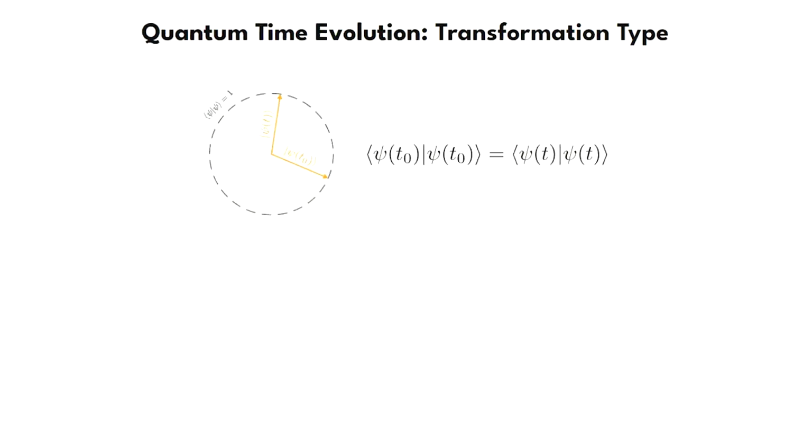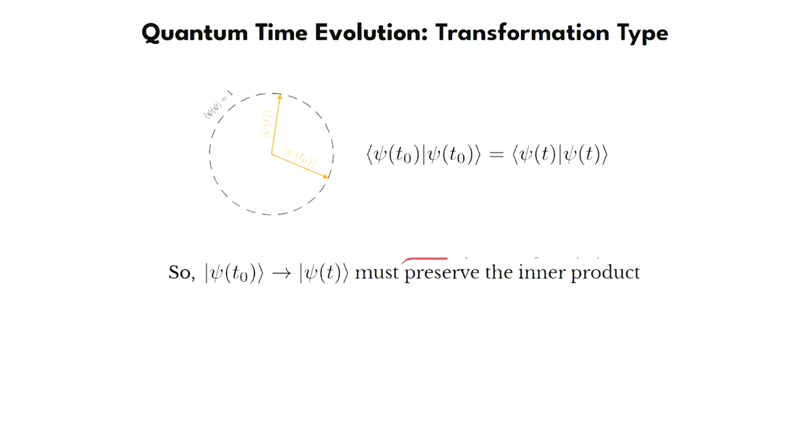Another way of saying this is that the transformation itself must preserve the inner product. As you have already learned in the previous lectures, what are the operations that preserve the inner product? It's unitary transformations, okay?